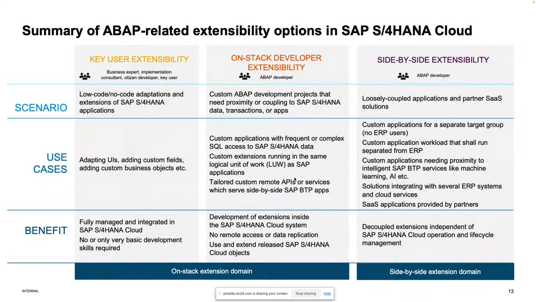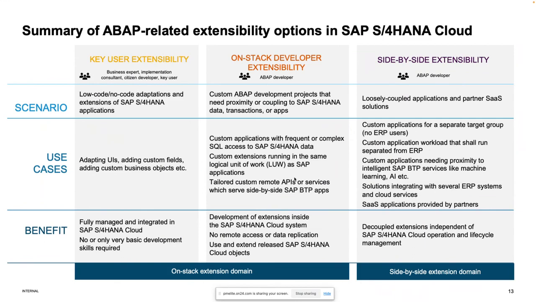So, a short summary of the options. User extensibility is definitely not only for developers, it's also for business experts. They can adapt UIs, they can add fields, or you can create some very simple business applications here, and it's completely integrated in S4HANA Cloud. Then you have the on-stack developer extensibility.